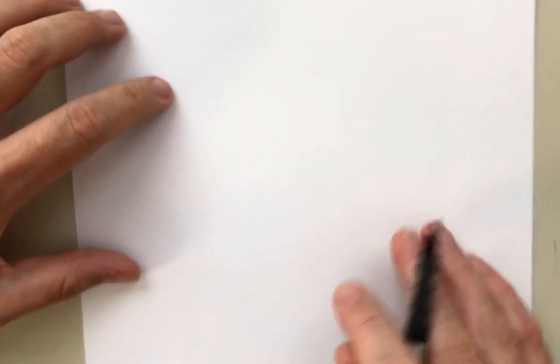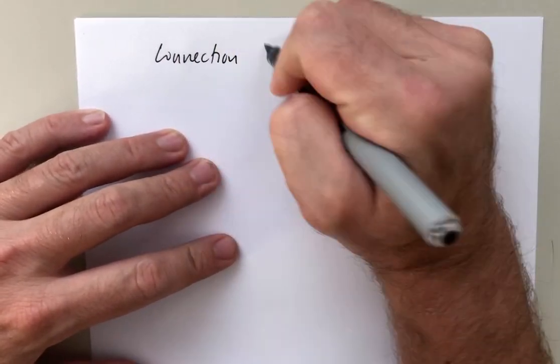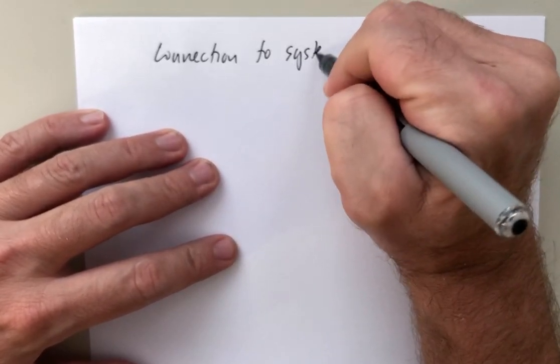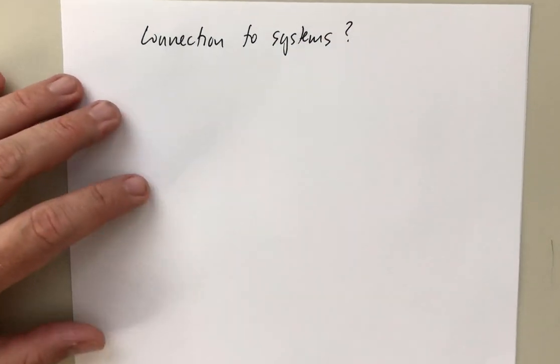Now, what I want to do next is actually tie this to, connect this to the systems that we've been talking about. I mean, this is very abstract right now. This is just for general transformations.